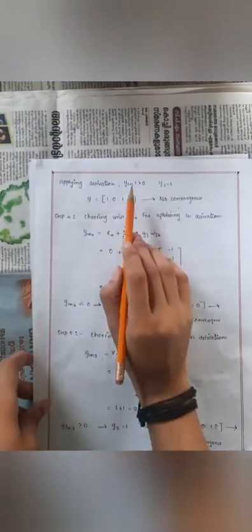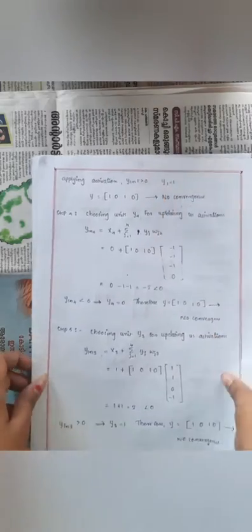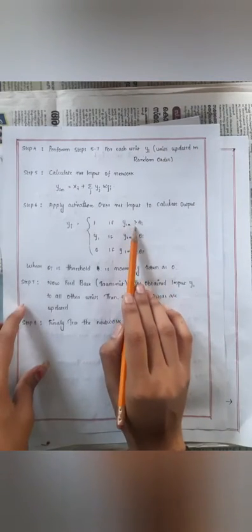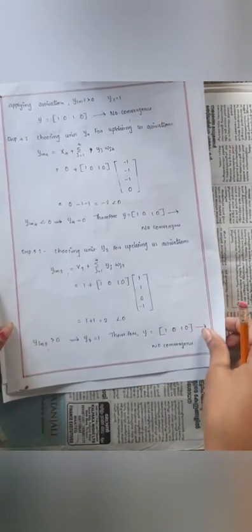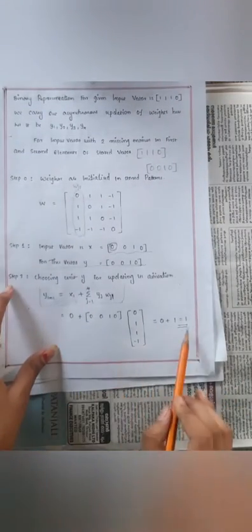So by applying the activation function, y_in1 is greater than 0, that is y1 is equal to 1. In our algorithm, if y_in is greater than 0, the value of y is equal to 1. So here the value we get, y_in1 is equal to 1.